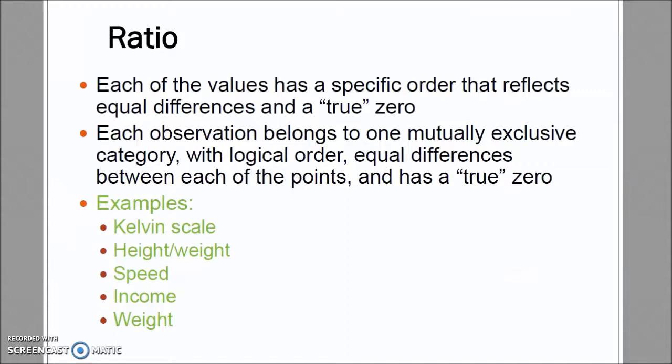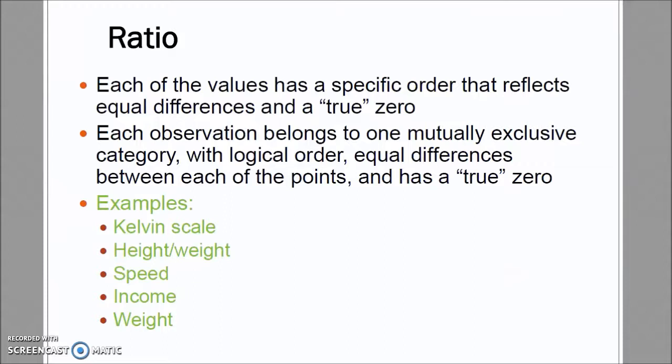Income can be zero, and then weight, height. In real life, you obviously cannot have a weight of zero, but the fact is, between the ratio and the interval, the ratio also reflects equal differences in its logical order, but it can have a true zero, which is not possible in interval data.